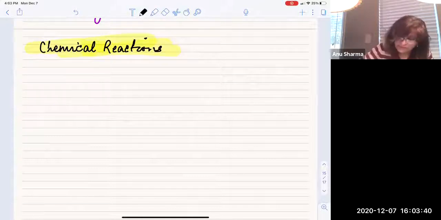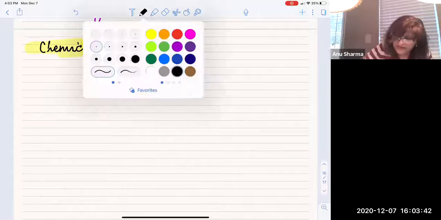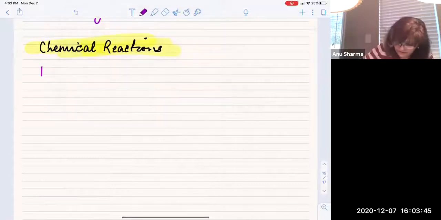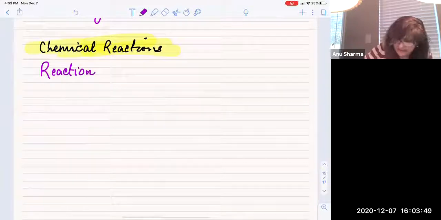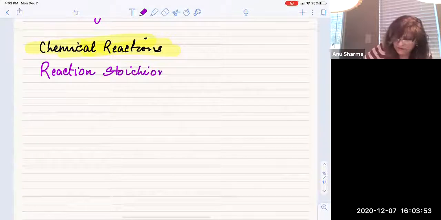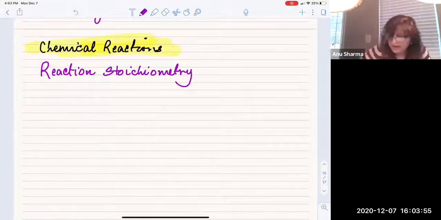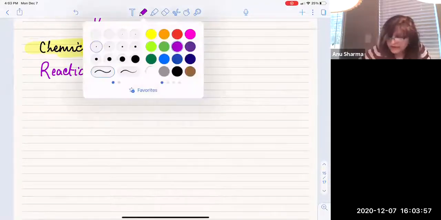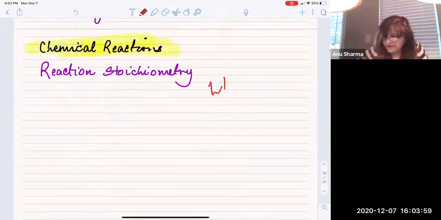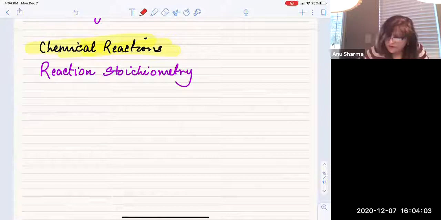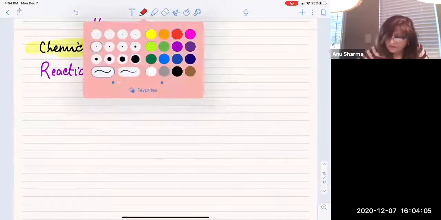Then the important piece here is, again, the reaction stoichiometry, and definitely there's going to be a question on limiting reactants. Limiting reactants, very important. And like I said, we have covered this in class.